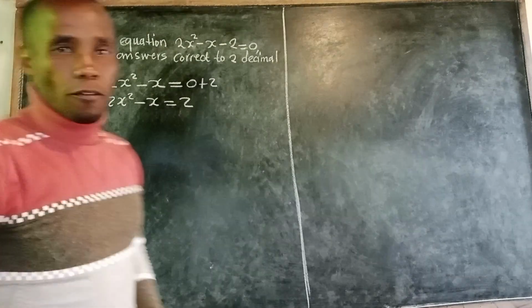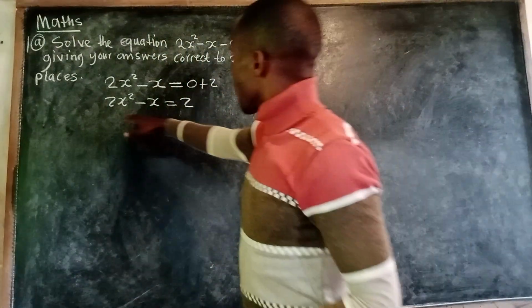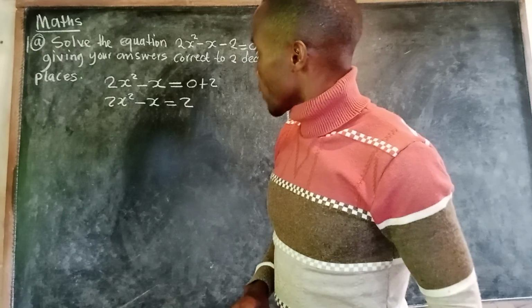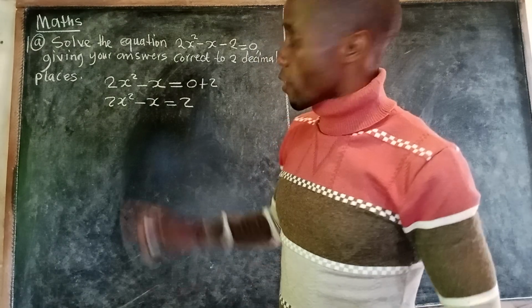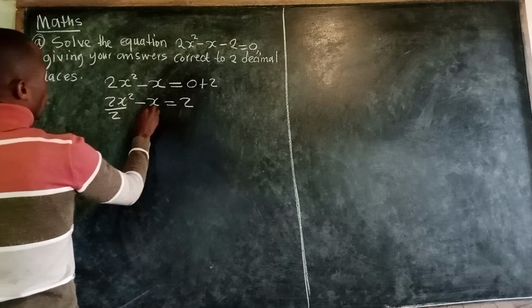Now from there, you have to make it remain with just x squared. What are you going to do to remain with x squared? It means you are going to divide throughout by 2.